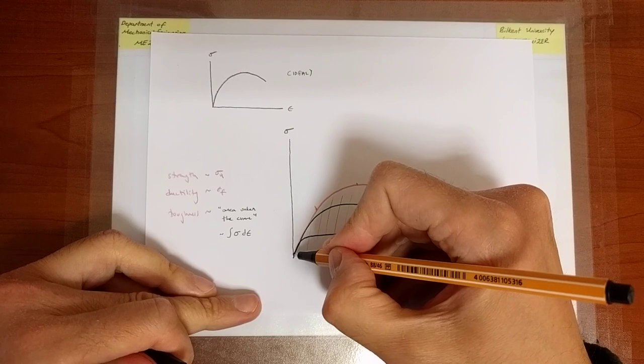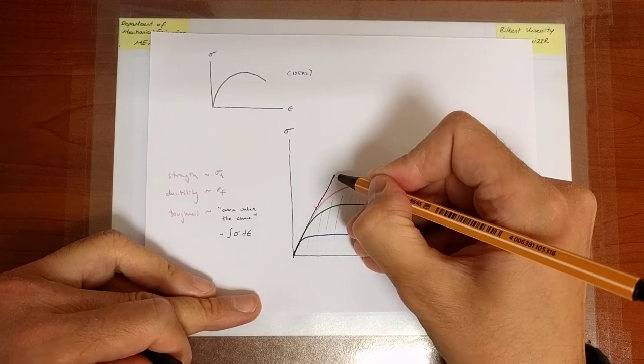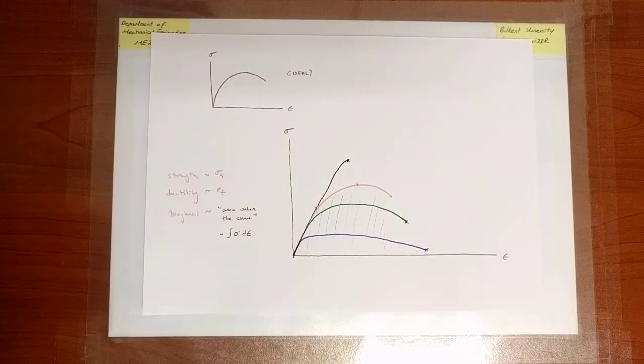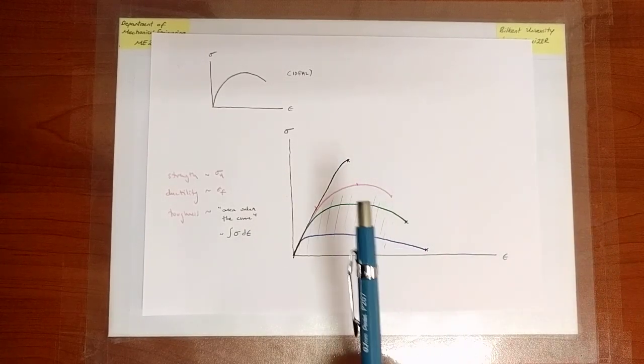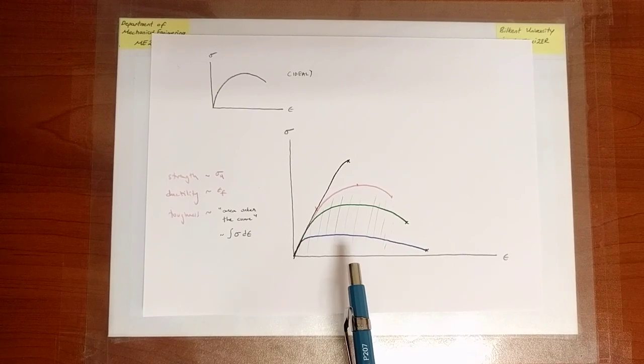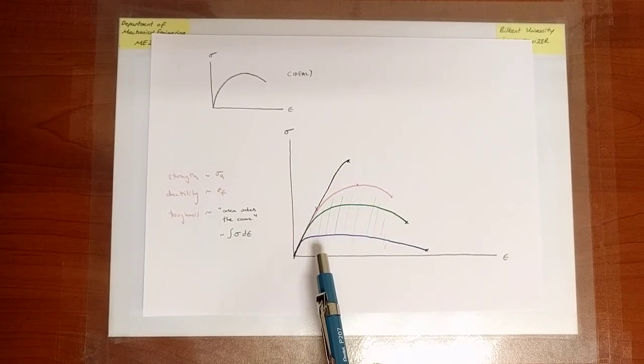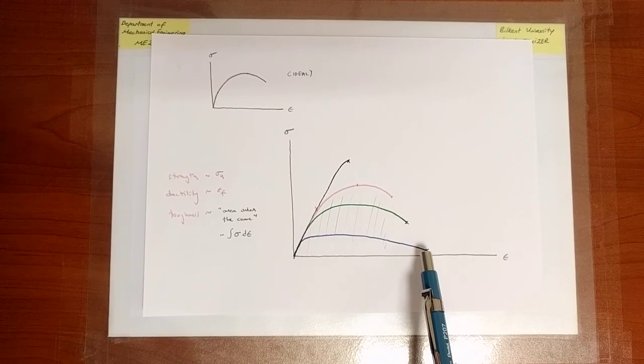And black is another one. Now, what we can ask is which curve is associated with the strongest steel alloy. So black is the strongest one because it has the largest ultimate tensile strength. Which one is the one that is most ductile? The blue one is the most ductile one because it has the largest strain to failure, the fracture strain.